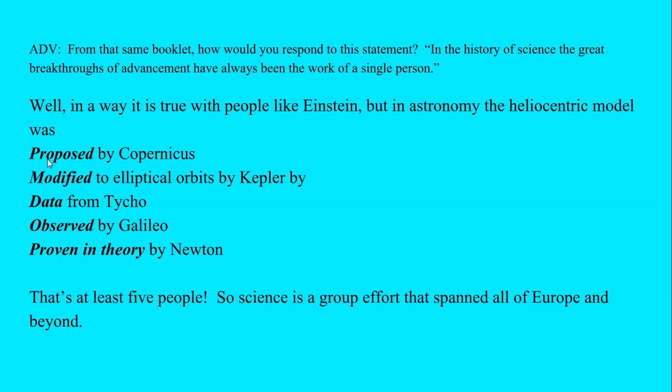So theory, modified theory because of observations, and Galileo made an instrument that allowed him to observe the fact that there were objects rotating around other things. And Newton was able to give the reason why, a mathematical theory of gravity that explained it. So this took at least 5 people in more than a century. And it spans all the way from almost the equator right up into near the Arctic Circle. So no, science is rarely the work of a single person.